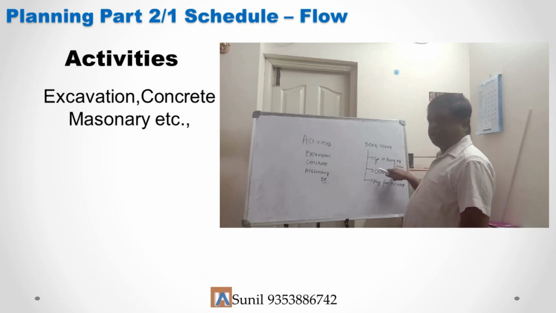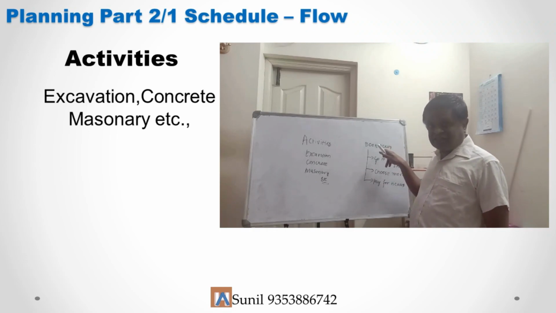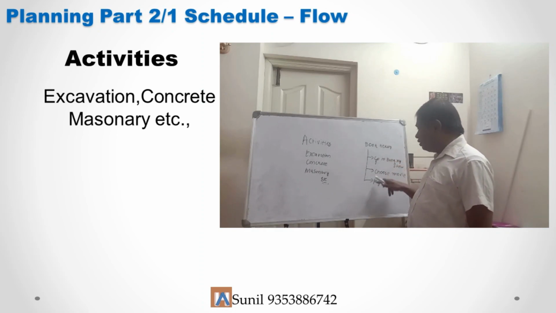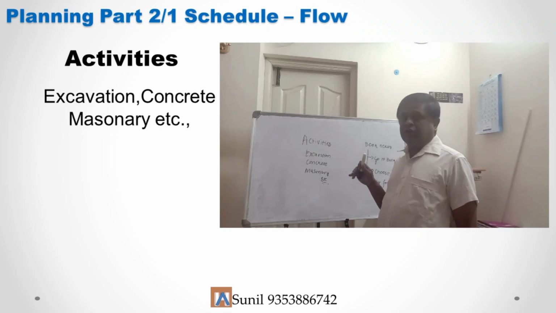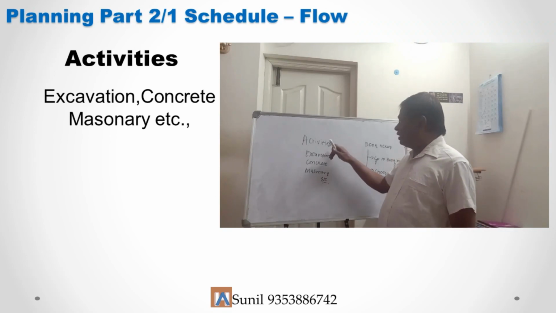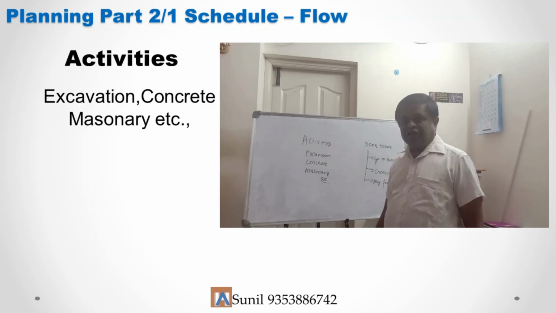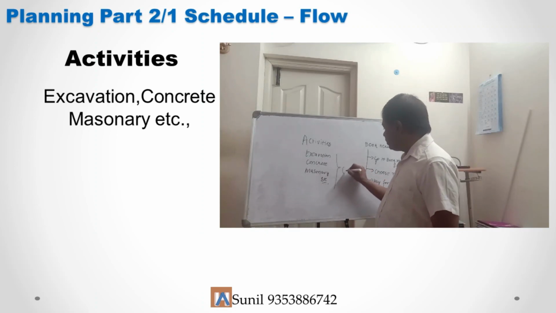Go to BookMyShow, choose the movie and pay for tickets. So book tickets is a work breakdown structure, whereas executing the booking of the tickets will be your activities. Similarly, coming down to your civil, activities will be excavation, concrete and masonry, whereas the work breakdown structure will be civil.